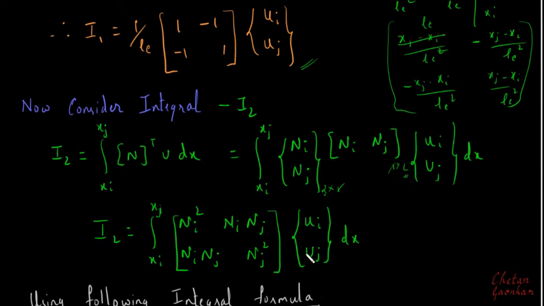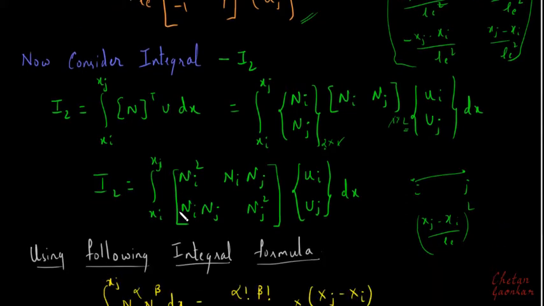These are the unknowns at the node i and node j. So this we have kept as it is. Now if I substitute this value of ni, that is xj minus xi divided by le square, and similarly if I go on substituting this, and then if I try to integrate, it will take a lot of time.